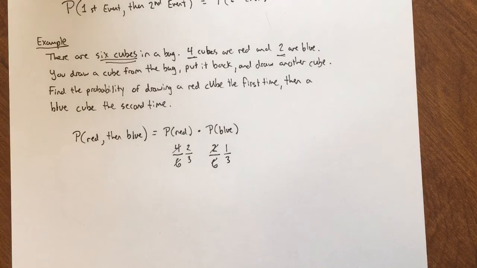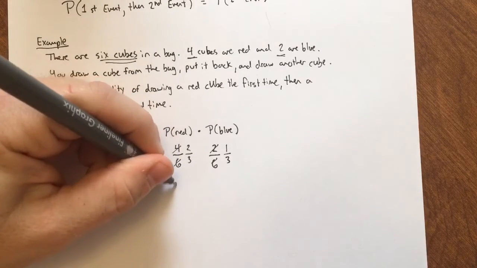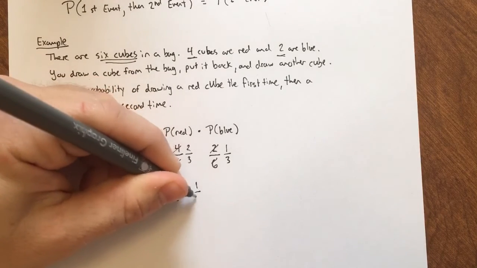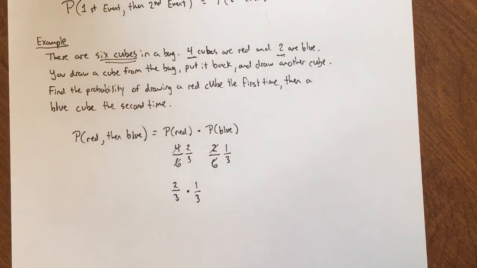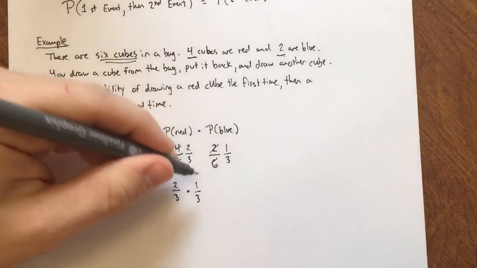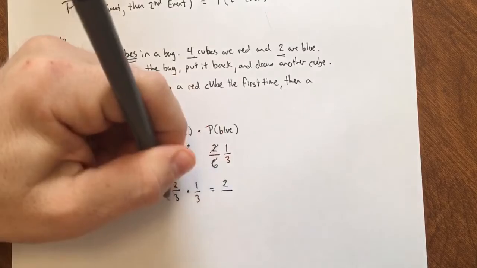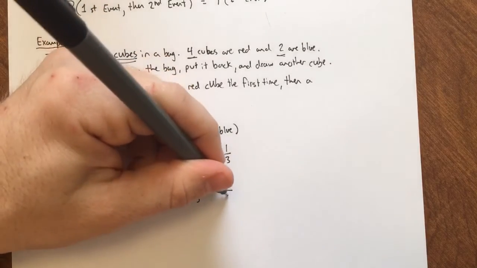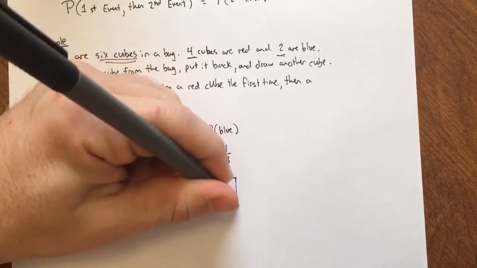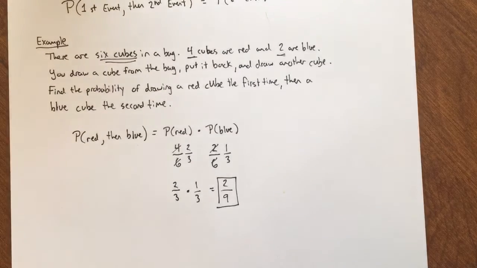So let's use those two ratios and multiply them together. Now 2 times 1 is 2 and 3 times 3 is 9. So the probability of those independent events of drawing a red cube and a blue cube is a 2 out of 9 chance that it will happen. Let's look at another example.